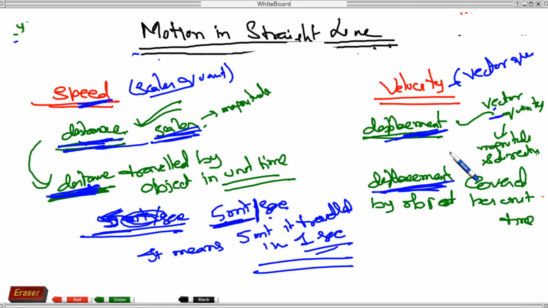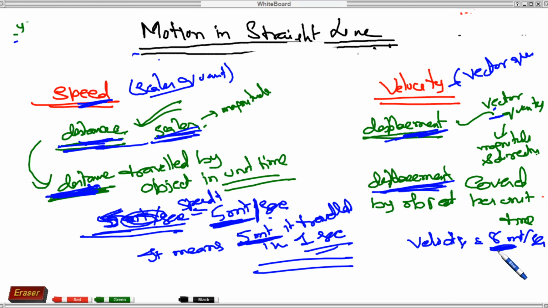So if speed is given 5 meter per second, then 5 meter is distance. If velocity is given 5 meter per second, so what does it mean? It means that the displacement is 5 meter. Not distance is 5 meter, displacement is 5 meter.